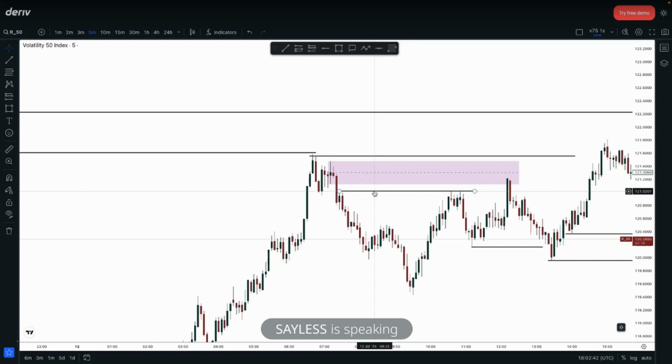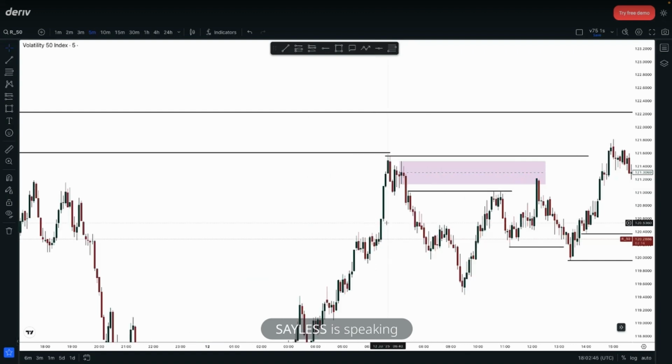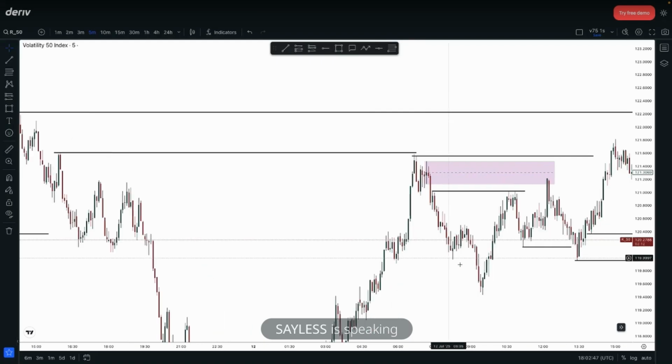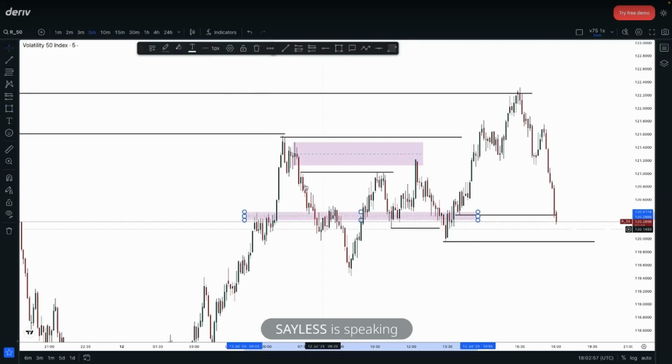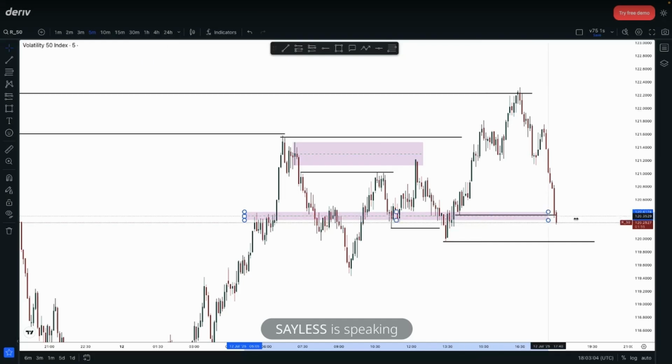The way I see it, I don't think that is support and resistance. Support and resistance is areas where the market struggles to break. So for me, this will be a support or a resistance point. You see how the market is coming, it struggles, it's going, it struggles, and every time it's coming to this area, it's struggling. That is support and resistance.